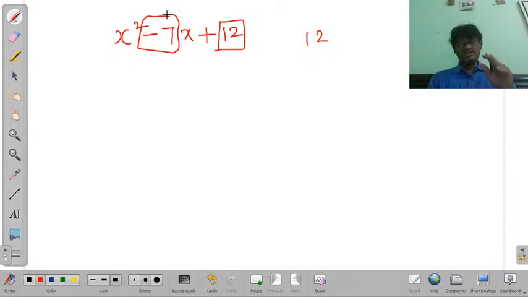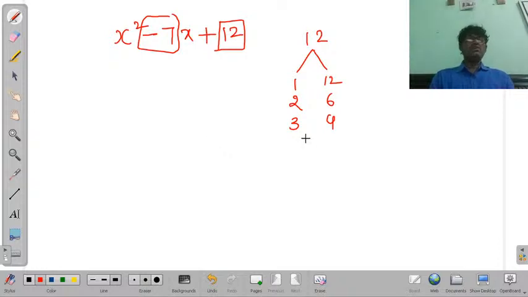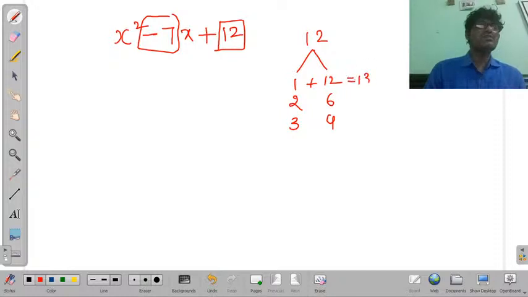So what are the factors of 12? We have 1 and 12, 2 and 6, and 3 and 4. Now you check the sum of these two: 1 plus 12 equal to 13, 2 plus 6 equal to 8, 3 plus 4 equal to 7.